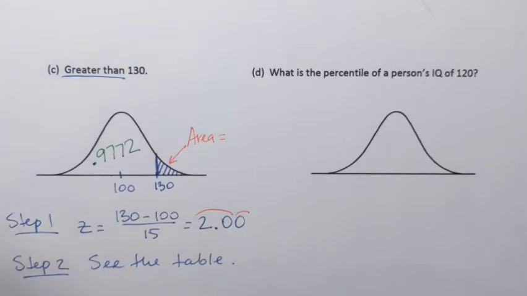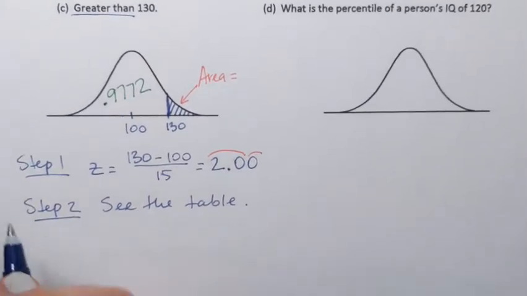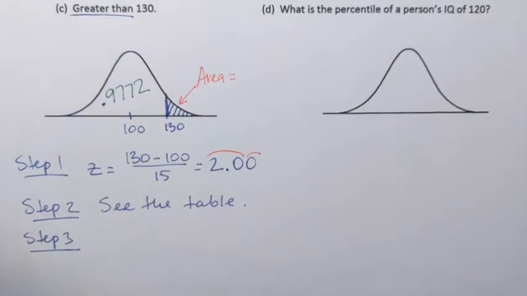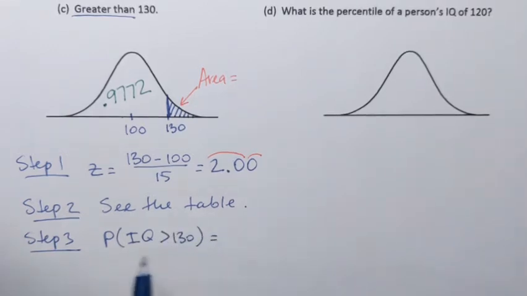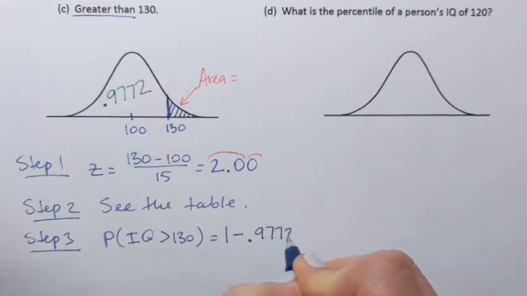So here we have step 3, right? Another step we have to do. We don't have the final answer yet. To obtain the final answer, in other words, to find the probability that IQ is greater than 130, we have to take 1 and subtract 0.9772.